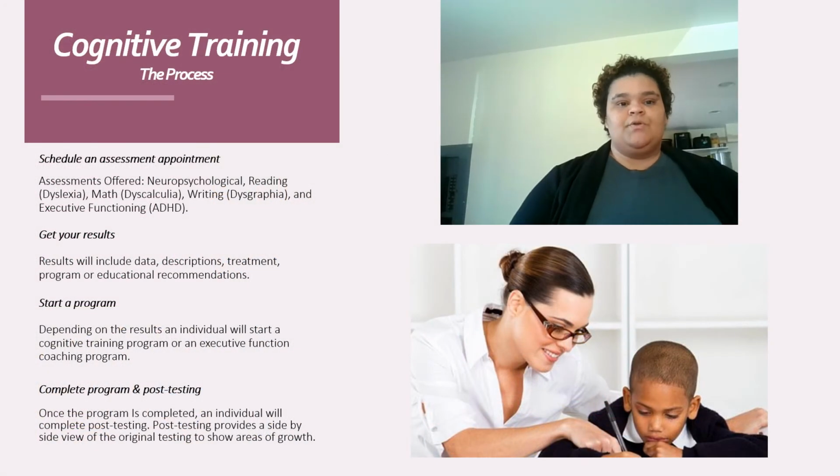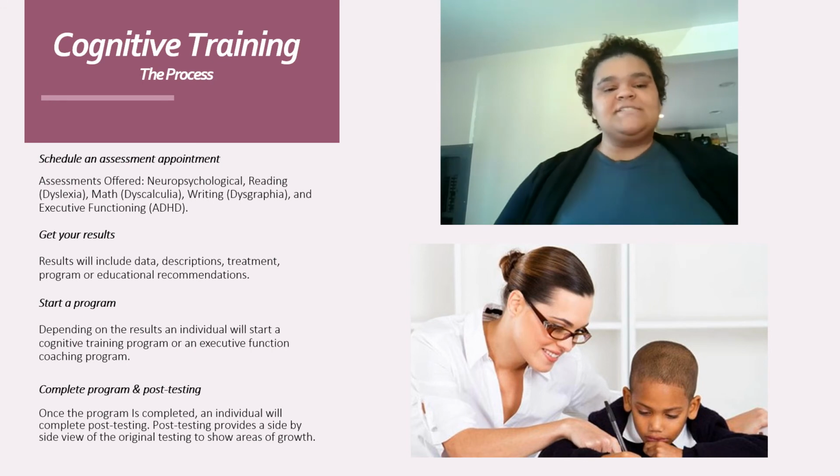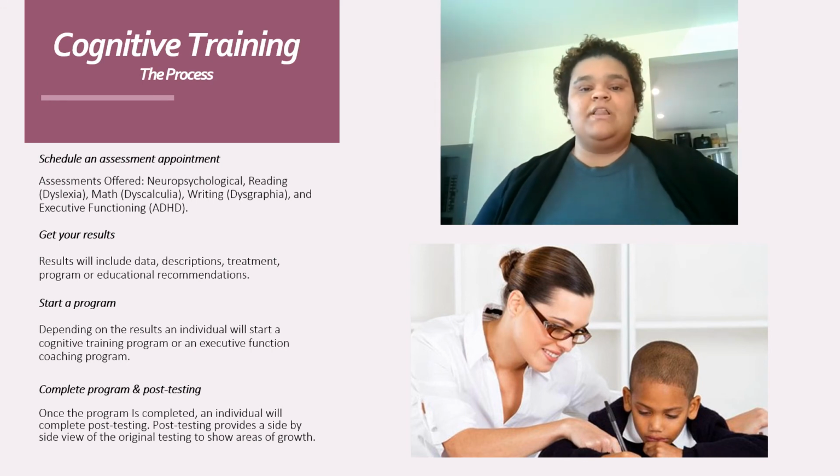So at the center, we use different things, and one of them is the cognitive training program. So the process is very simple. Clients come in and they schedule an assessment appointment.